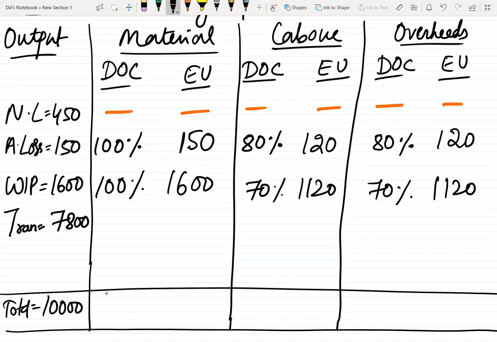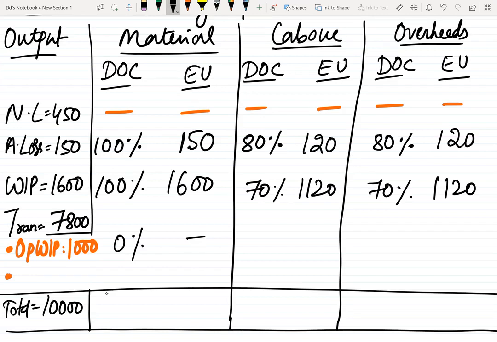Then comes the transfer. You can't write anything directly because you're under the FIFO method. In FIFO, break this 7800 into two parts. Draw one line and write opening WIP, 1000 units. Check in the question: material already 100%, that means 0%, nil.